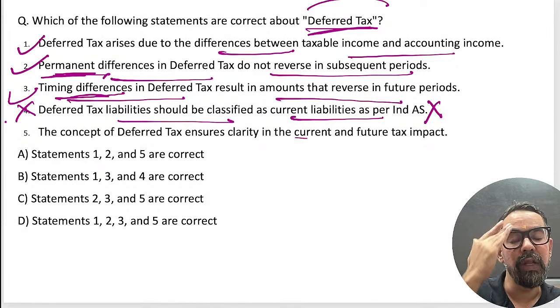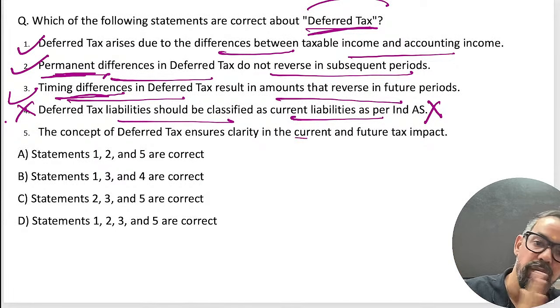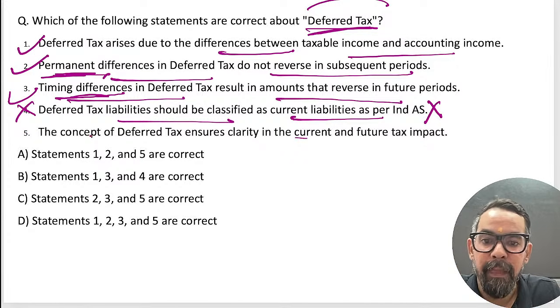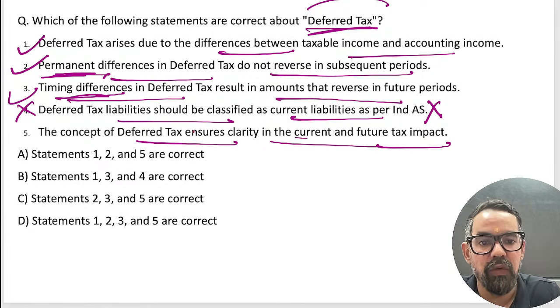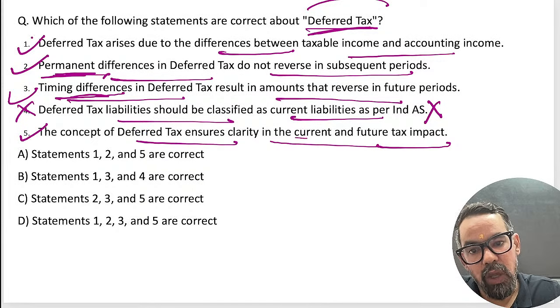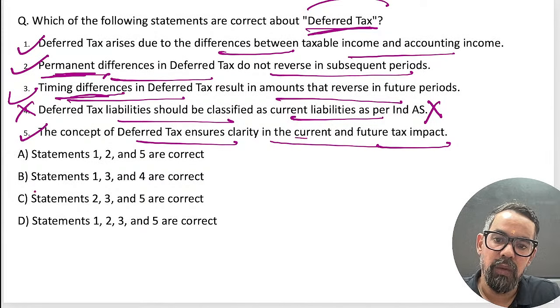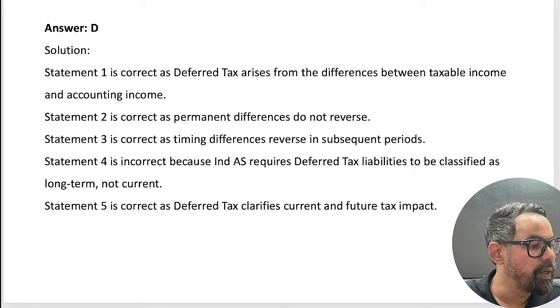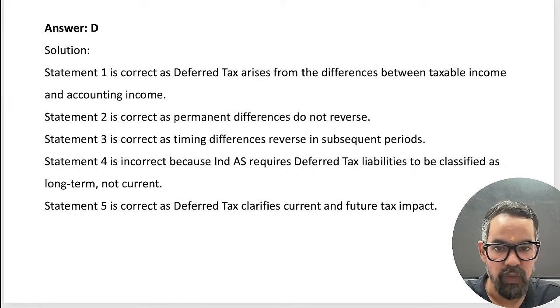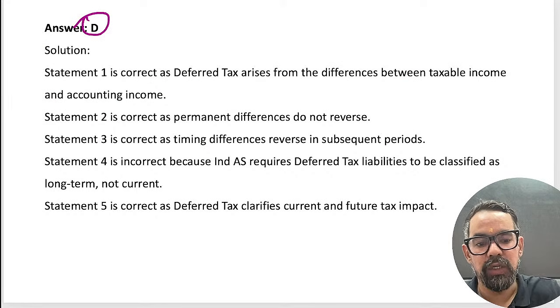If it is deferred tax asset, it should be part of your deferred tax asset, right? The concept of deferred tax ensures clarity in current and future tax impact. So 1 2 3 5, 1 2 3 5. Okay, so option D should be the right answer for this particular one. Okay, yes. Next question guys.